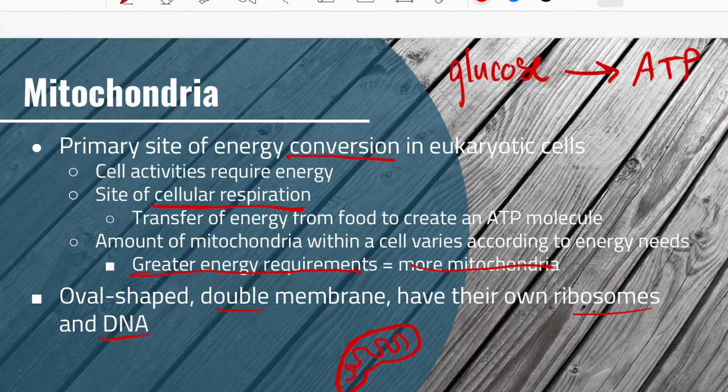And there's a theory out there that at one time in our past, mitochondria were their own organism, and eukaryotes co-opted them. It was a symbiotic relationship. Symbiosis means that both organisms are benefiting or are interacting in a mutualistic relationship. They both benefit.